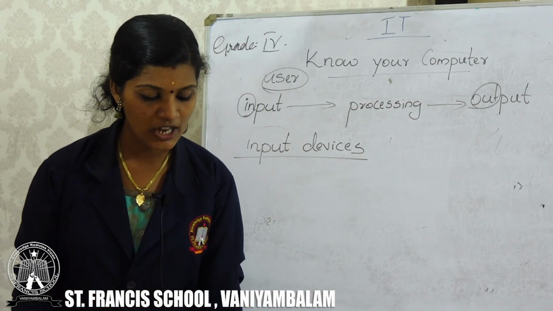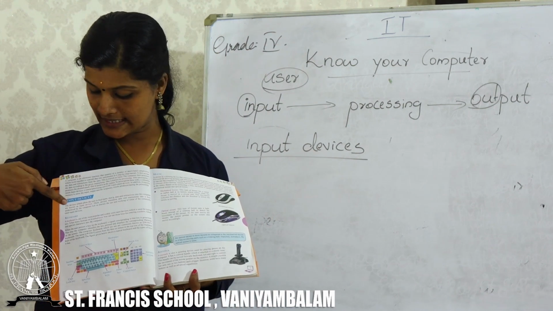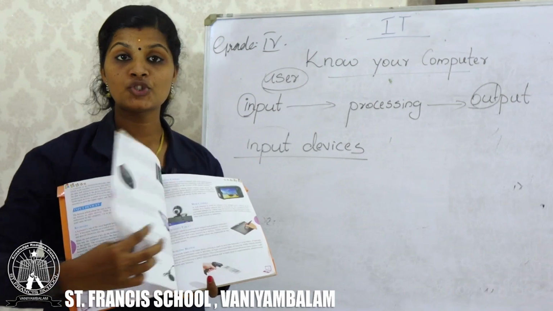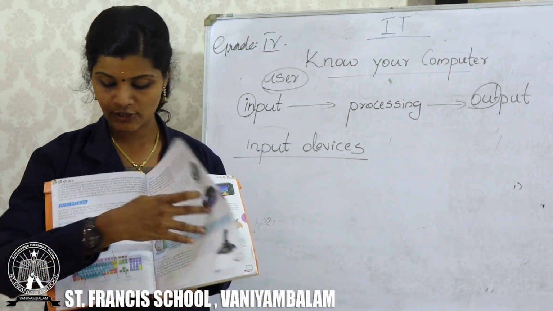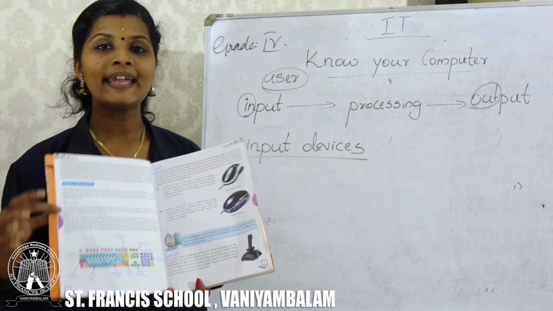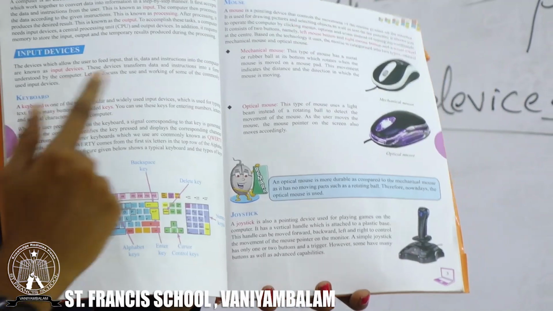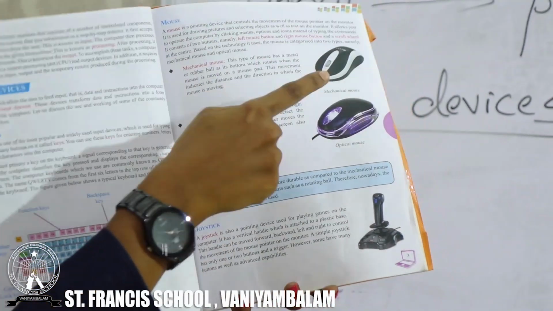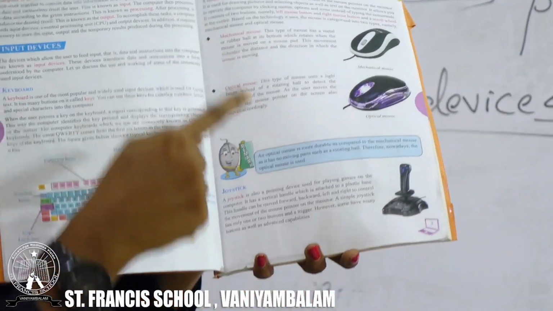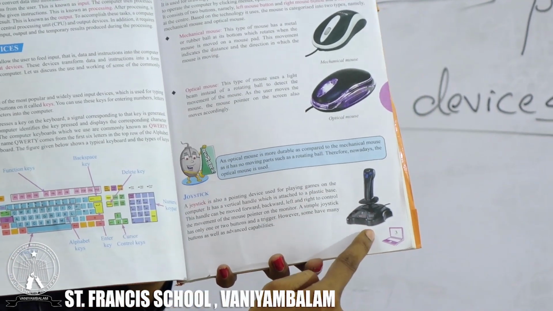In page number 2, from here we can see the names and the pictures of input devices. The first one is keyboard. The first or main input device used is keyboard. The second one is mouse. You can see the picture of mouse. Next, third one is joystick. Here the picture is given.